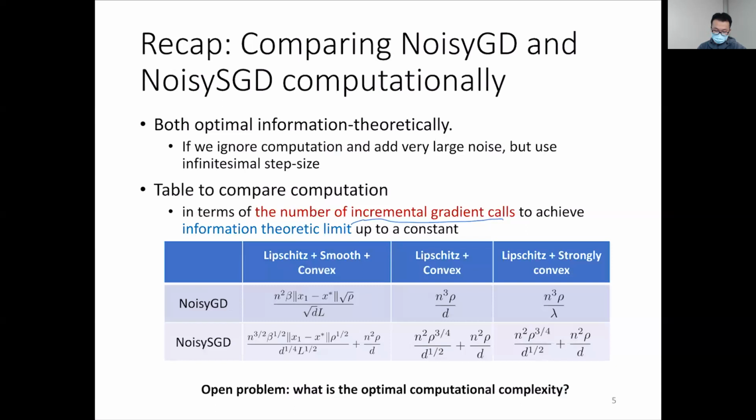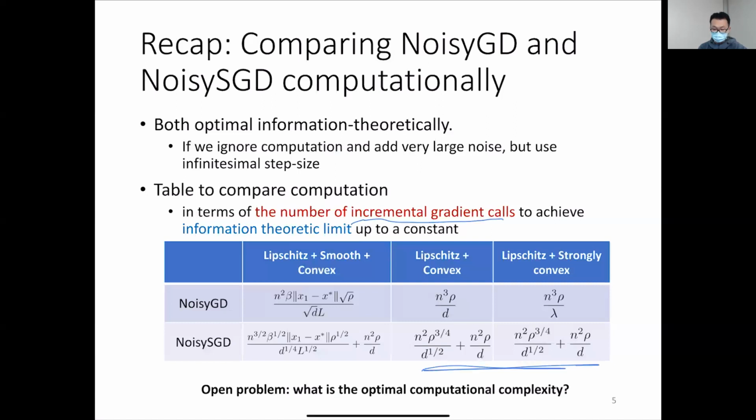This leaves the open problem: what is the optimal computational complexity for any algorithm that can be used to obtain the information theoretic limit under these various settings? Clearly, maybe we'll have to go beyond the family of gradient descent and iterative algorithms like this in order to break this n squared barrier on these settings.